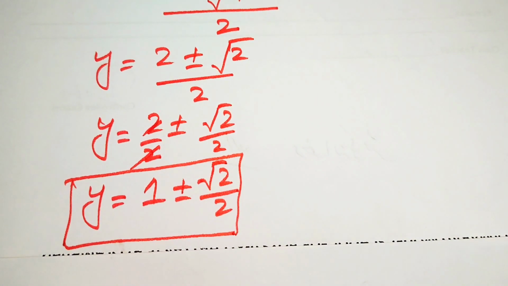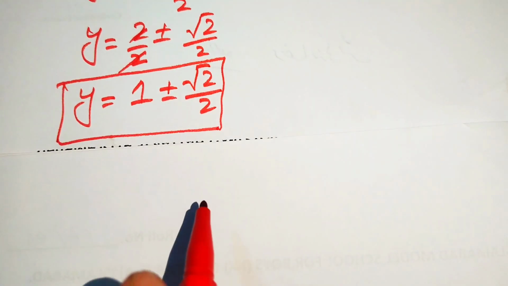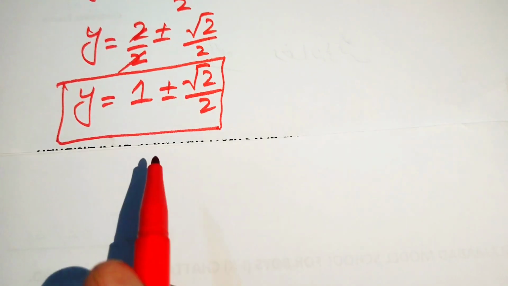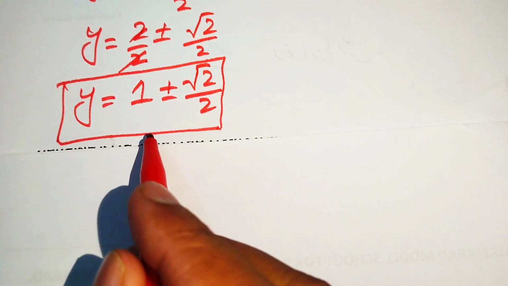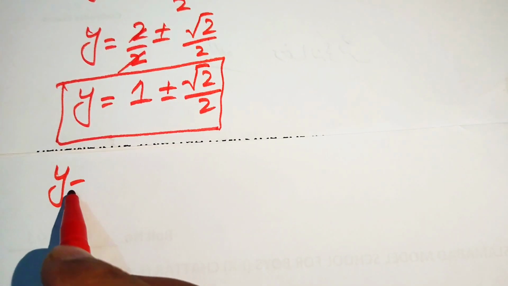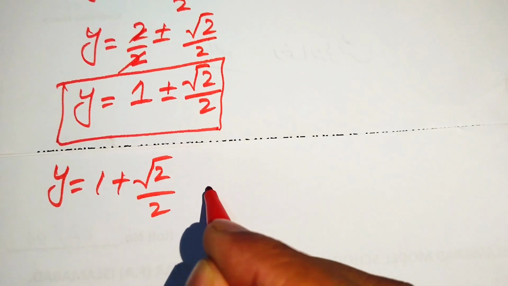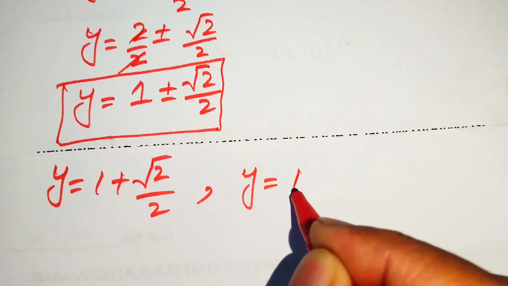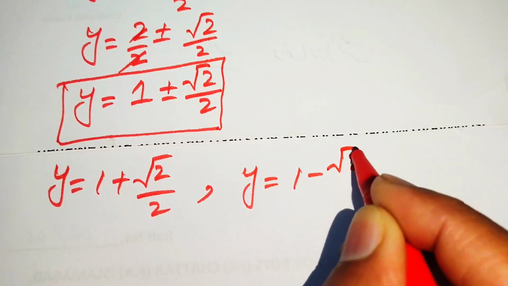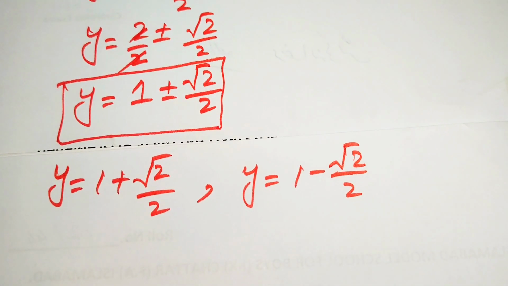And now our next target is to find the values of x corresponding to these values of y. So now in the next step we first write these two values here. First we write the positive value, it is 1 plus square root of 2 divided by 2, and here we write the negative value, it is 1 minus square root of 2 divided by 2.